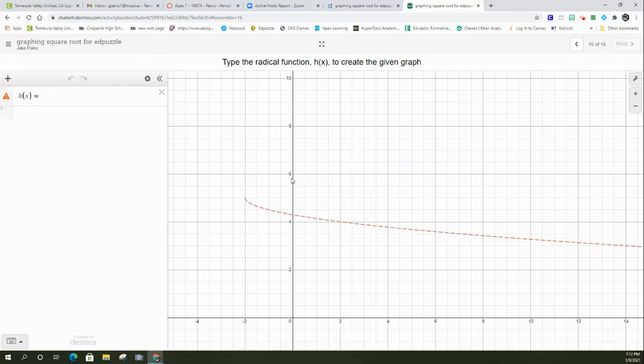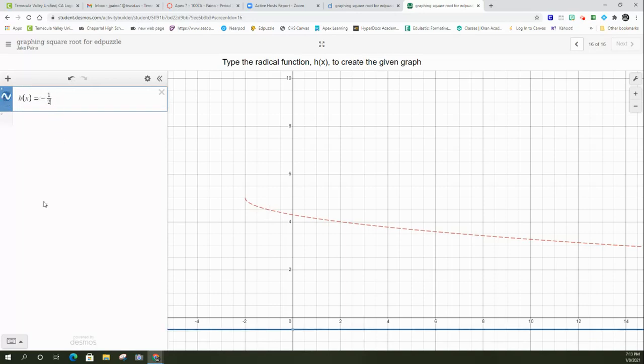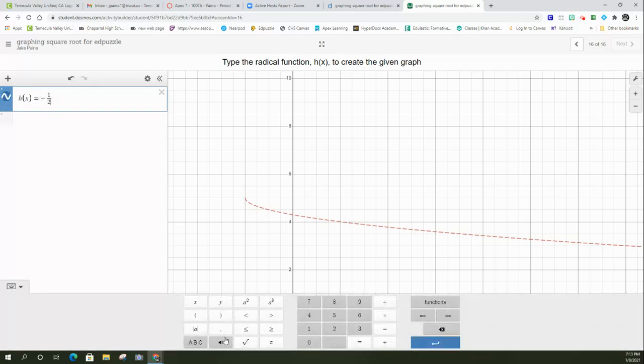All right, last one, select the correct answer. Since this one's going down, you better select one that had a as a negative, and this one looks like we're going down a half over 1. So a is going to be negative 1/2, rad x, minus h in this case.